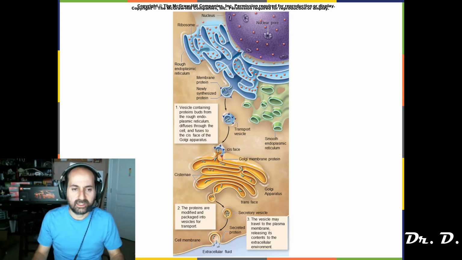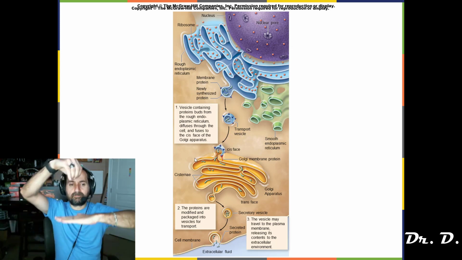You get the idea. So what's happening here is the ER membrane pinches until it pinches off a soap bubble, okay? And it's not really a soap bubble, obviously. It's a phospholipid bilayer bubble, and that's called a vesicle. It's a transport vesicle, and that transports the proteins to the Golgi apparatus.